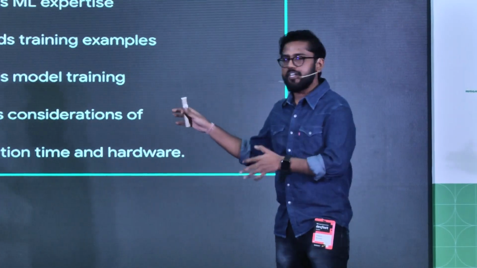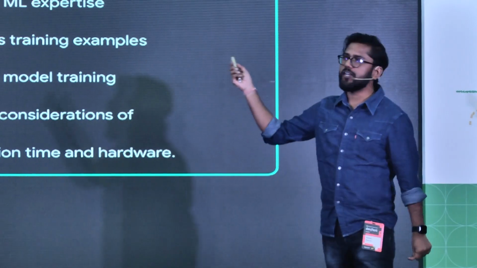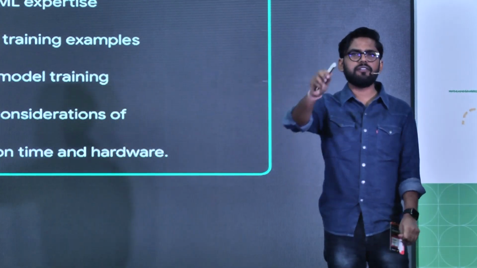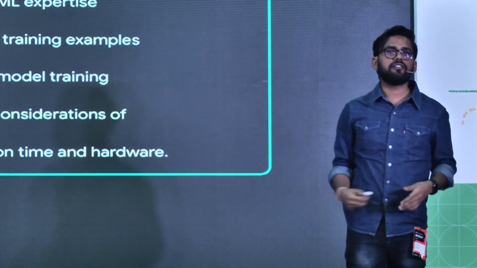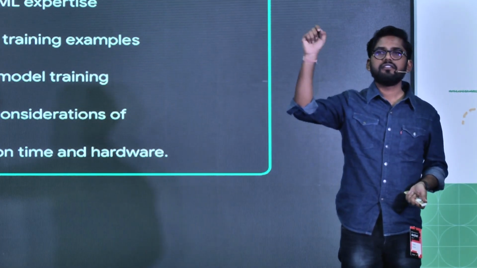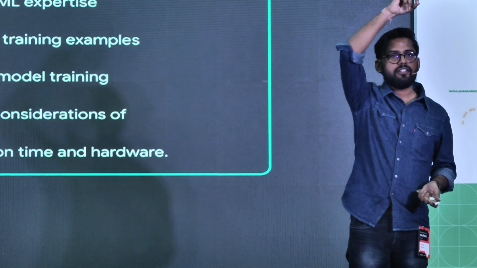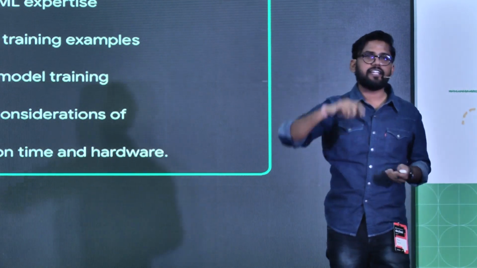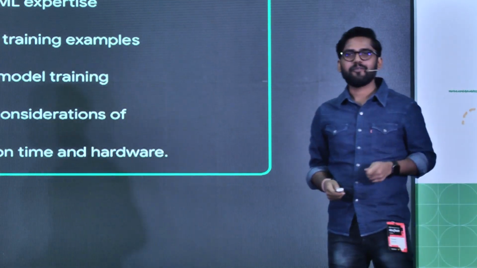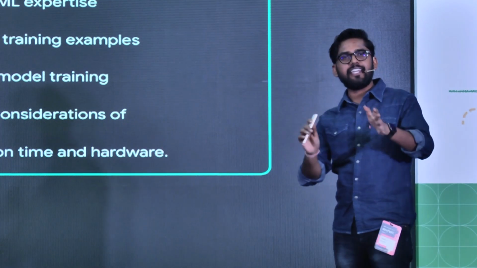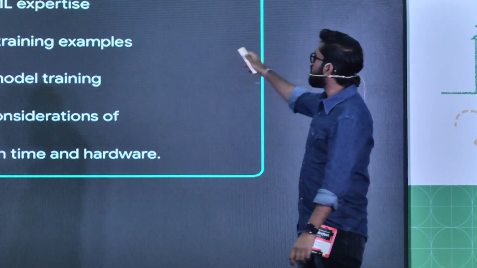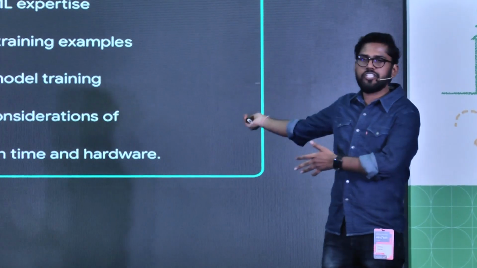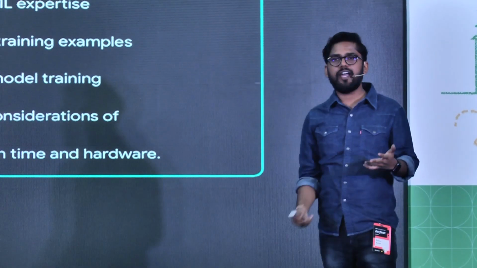So let's see what is different when we talk about traditional ML development. Anyone here who is an ML developer, ML engineer or whatever? Good. यही बस check करना था. So basically, in the traditional way you require ML expertise.